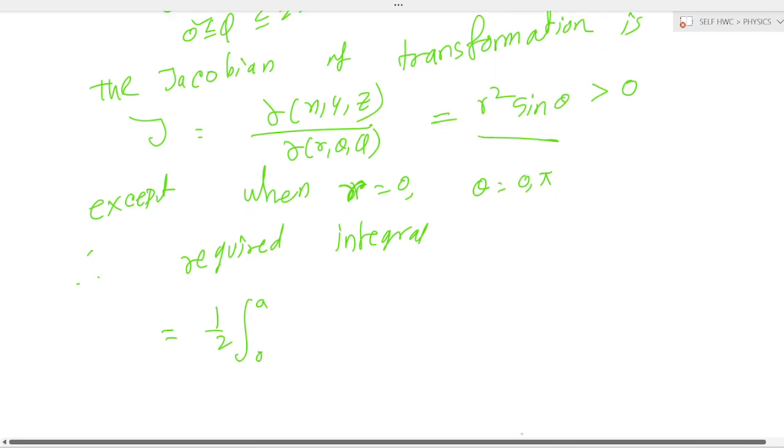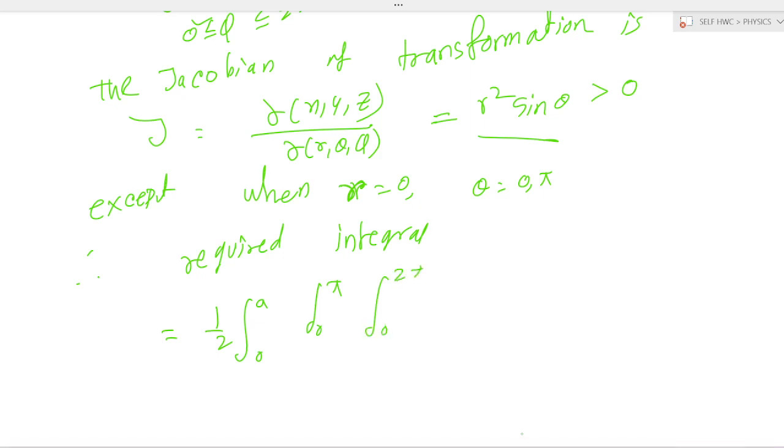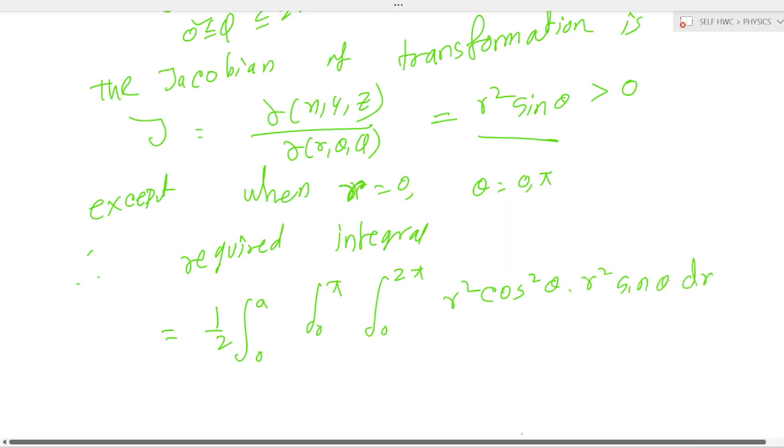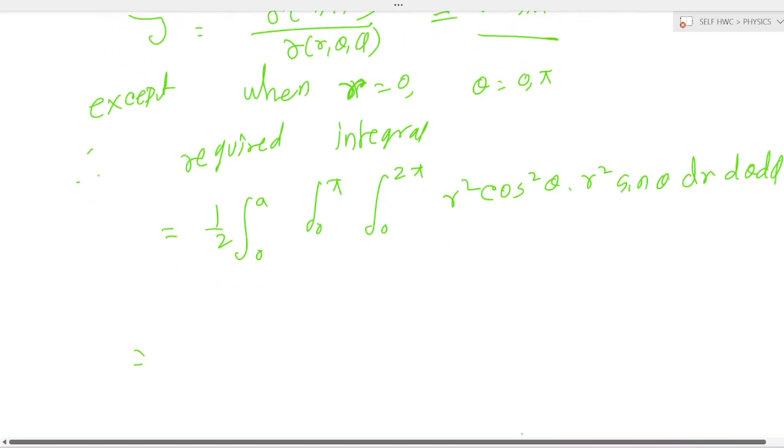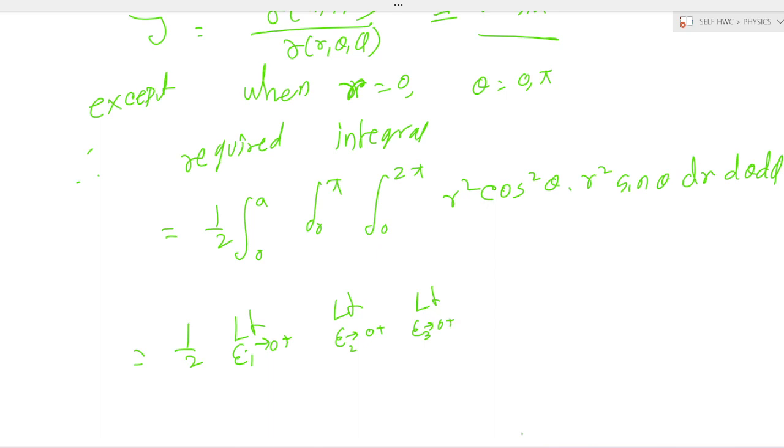So r square cos square theta into r square sin theta into dr d theta and d phi, and it is equal to 1 by 2 into limit epsilon 1 tends to 0 positive, and limit epsilon 2 tends to 0 positive, and limit epsilon 3 to 0 positive.